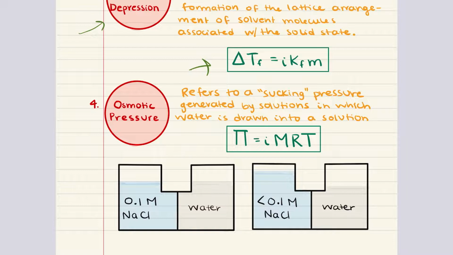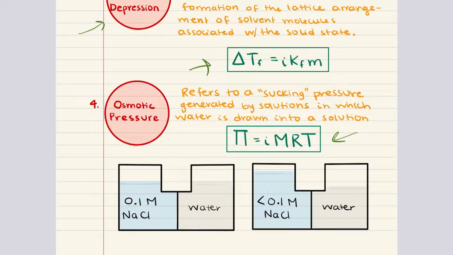The osmotic pressure of a solution can be calculated using this equation right here, where T is temperature, R is our ideal gas constant, M is molarity, and i is the Van't Hoff factor. Now, osmotic pressure is particularly important in biological systems where it actually helps regulate the flow of water and nutrients in and out of cells.